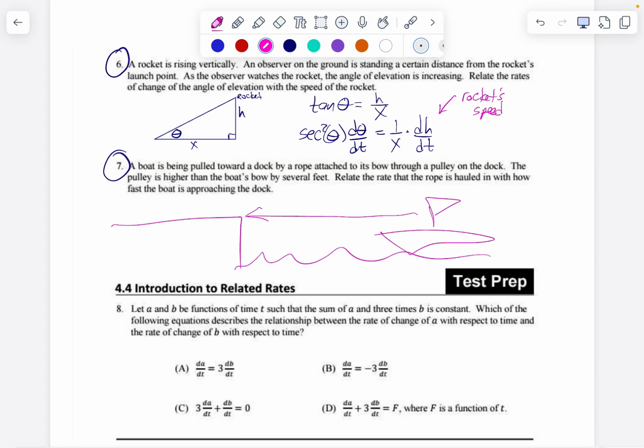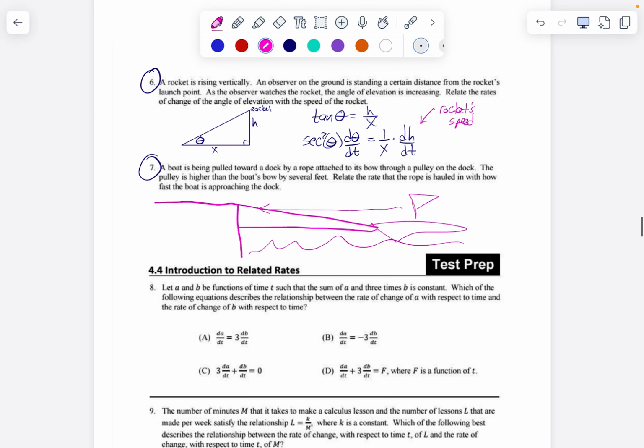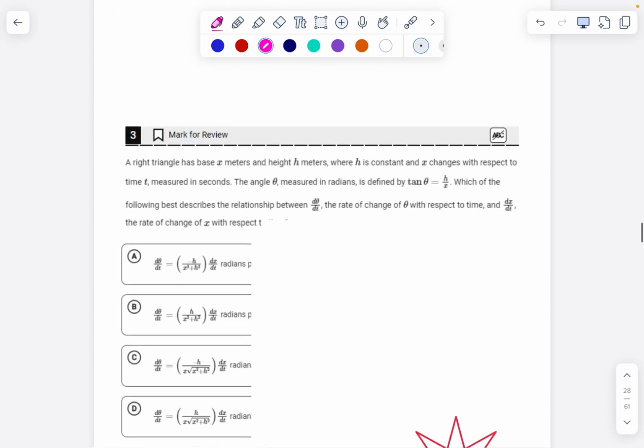It says the pulley is higher than the boat's bow by several feet, so I probably drew my dock too short. There's that right triangle. Relate the rate that the rope is hauled in with how fast the boat is approaching. These are interesting. Do you agree? I hope you do. Yes, let's get into solving some.